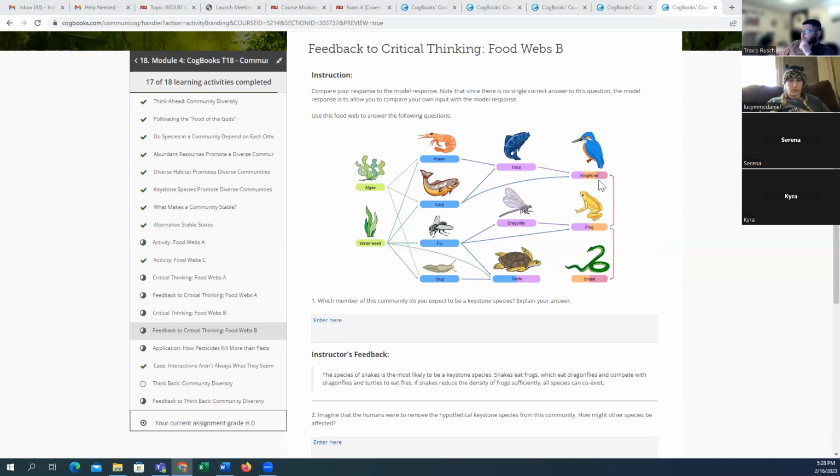I think, let's take a look. What if we go back one step? What does the trout eat? It eats prawns and it eats carp, and the prawns and the carp are competitors for the algae. So it's affecting two levels of competition here, and it's a food source for the kingfisher.